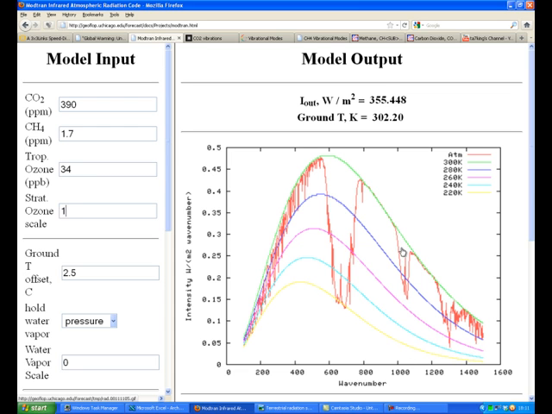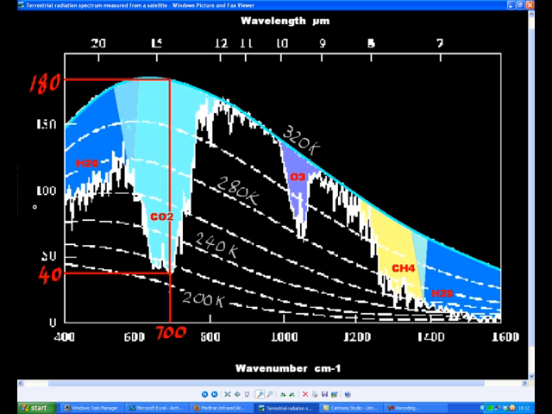So we know that this here is caused by carbon dioxide, this here is caused by ozone, and this here is caused by methane. Let's go back to the picture again. CO2, ozone and methane, but then water.